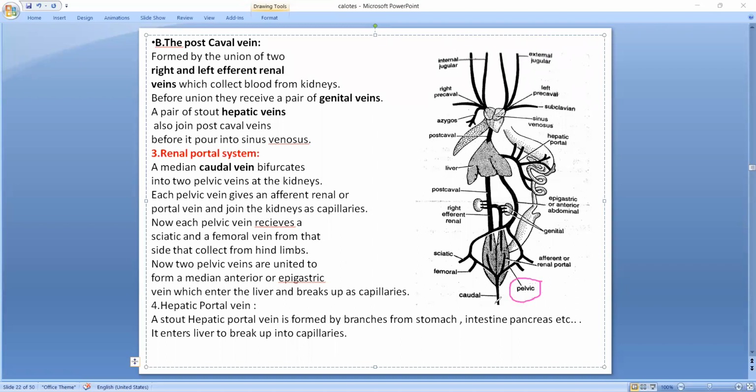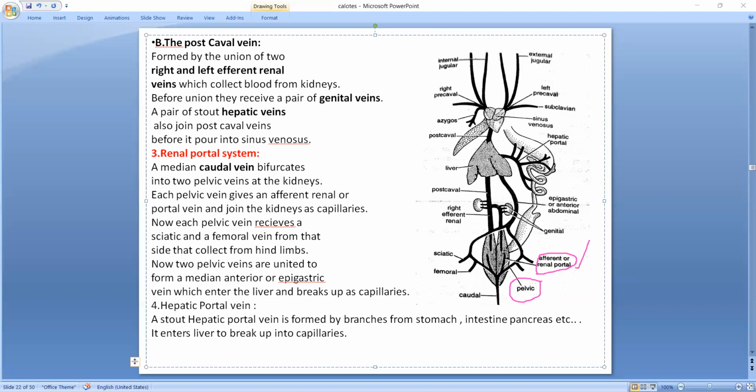When the caudal vein reaches the kidney, it bifurcates to produce two pelvic veins. Each pelvic vein gives off an afferent renal vein, or renal portal vein, over the kidneys.